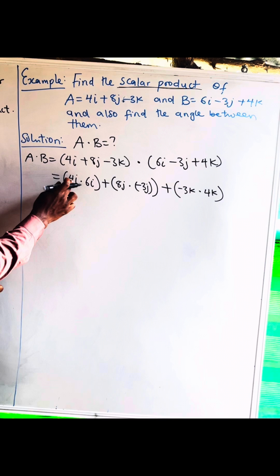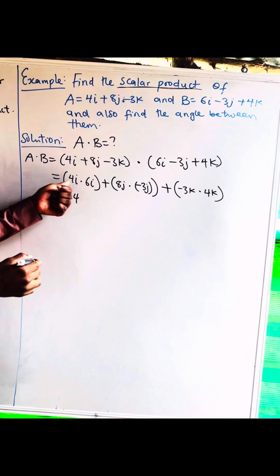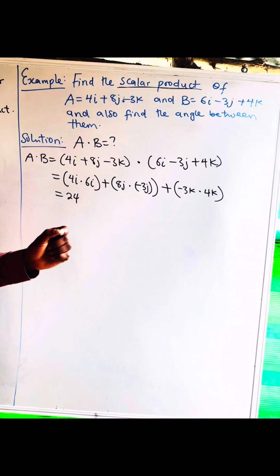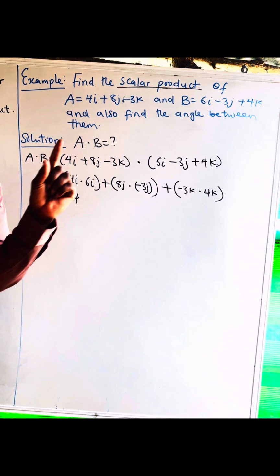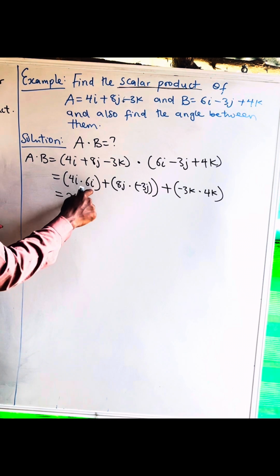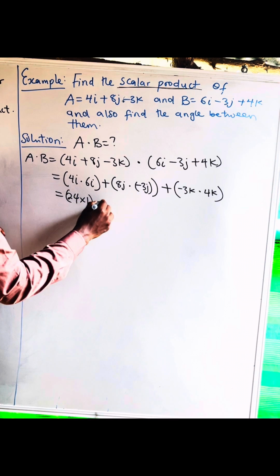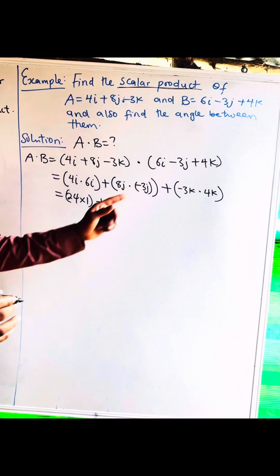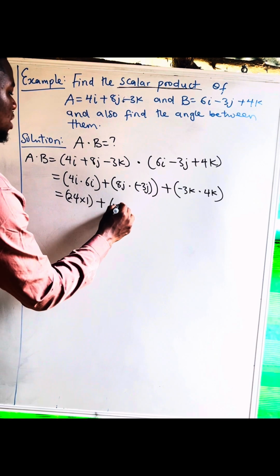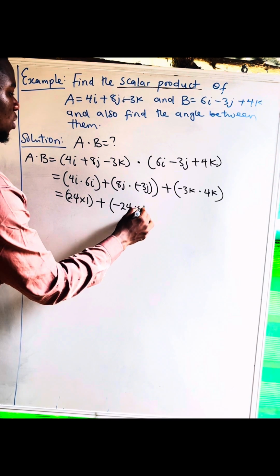Then we are going to do this. What is 4 times 6? 4 times 6 is 24. Then what is i dot i? You have to know that the multiplication of similar unit vectors will give us 1. So i dot i is 1, j dot j is 1, k dot k is 1. So this will be 24 times 1, plus 8 times minus 3, which is minus 24, times j dot j, which is 1 also.